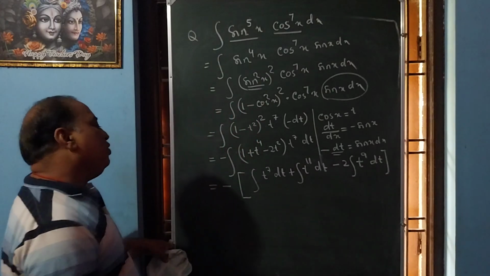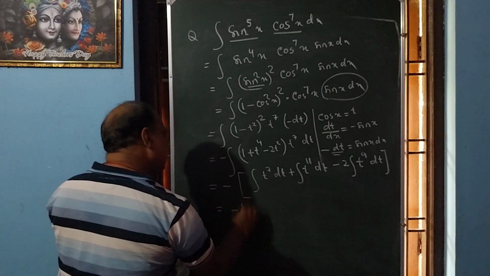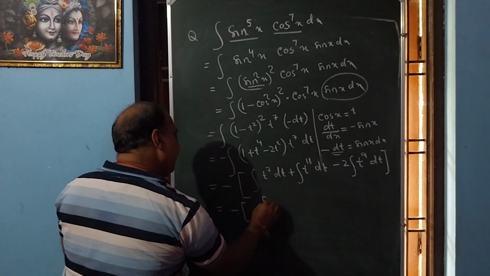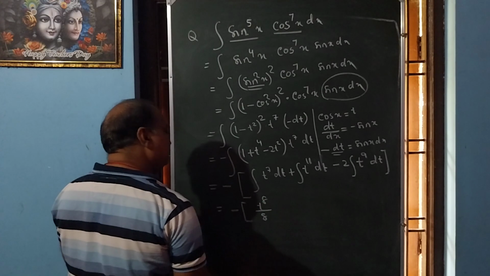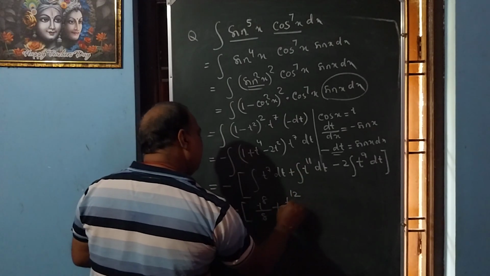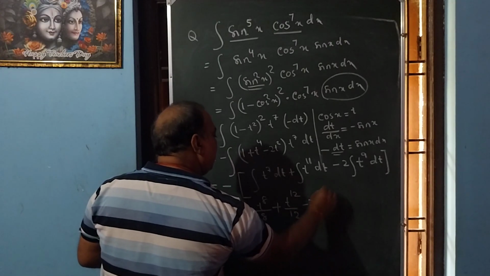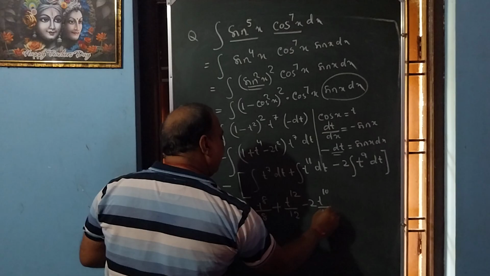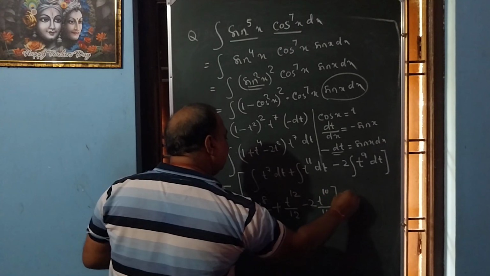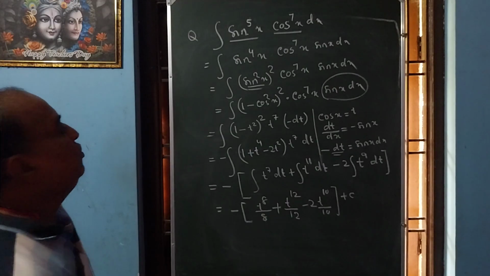Okay? So we know that the integration of t⁷ dt, the result is t⁸ by 8 plus t¹² by 12 minus 2 t¹⁰ by 10 plus c. So now in place of t we have to put cos x.